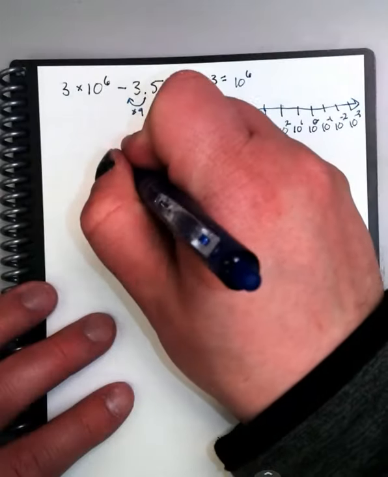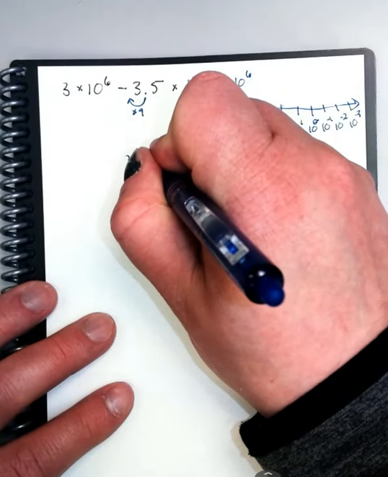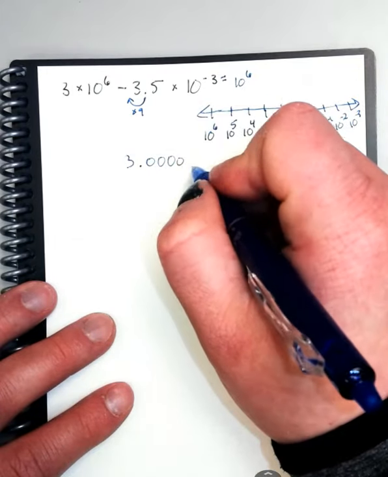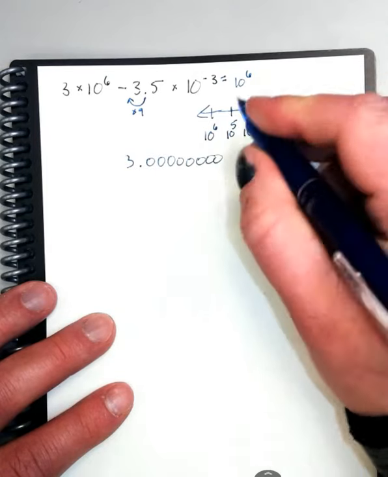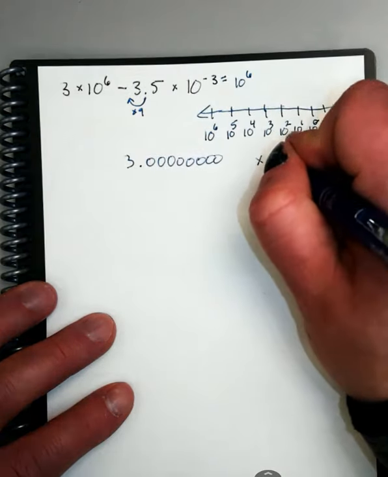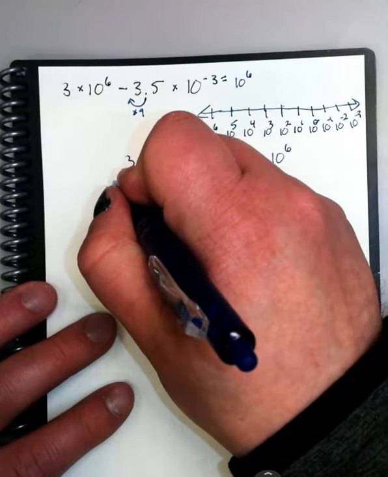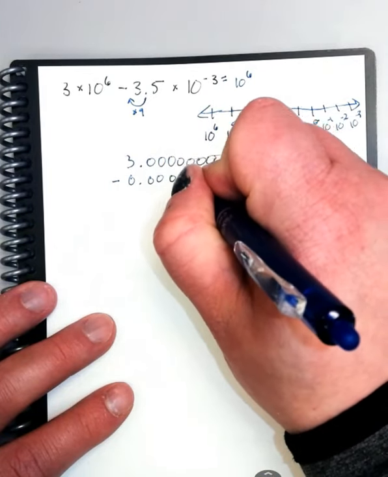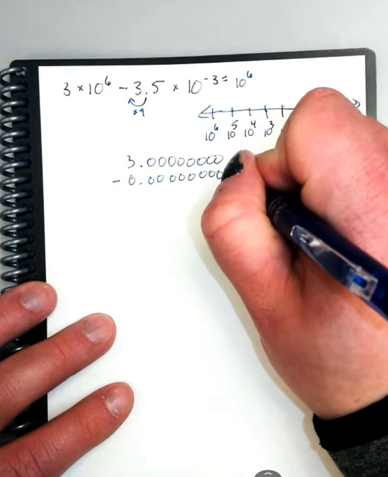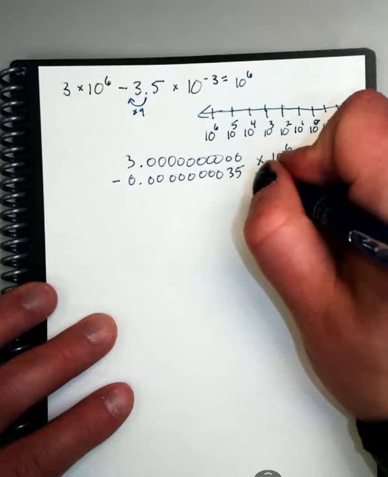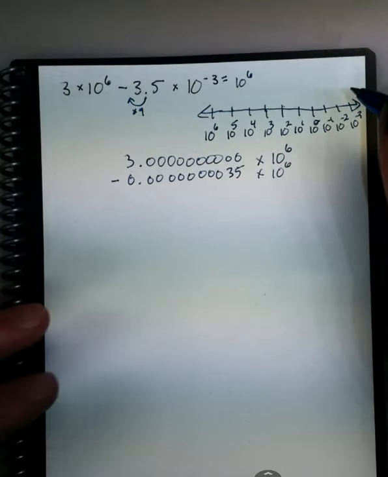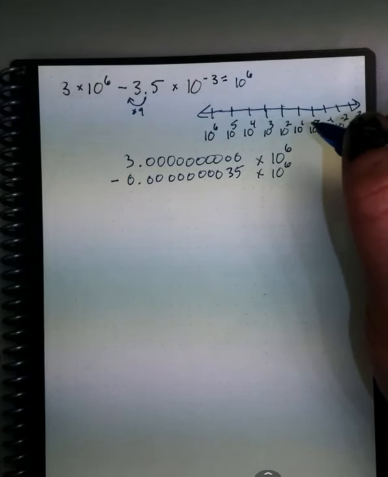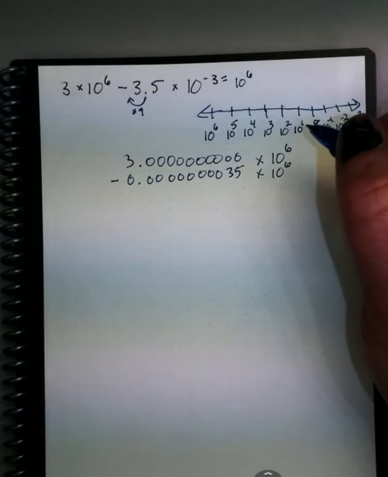So what does that look like? I'm just adding in some values here for 0. I might have to add in a couple more. Times 10 to the 6th minus 1, 2, 3, 4, 5, 6, 7, 8 times 10 to the 6th. Honestly, this number would round to 3.